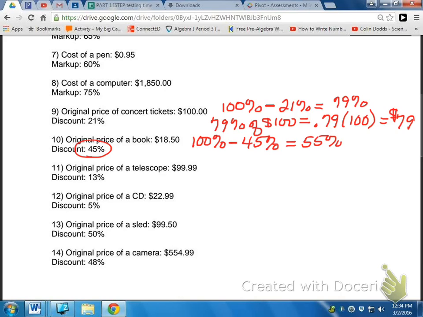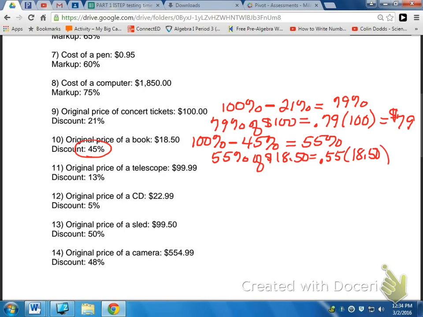55%. So we're going to find out what 55% of 1850 is. How do I write 55% as a decimal in my calculator? 0.55 times 1850. That's what's going in my calculator.